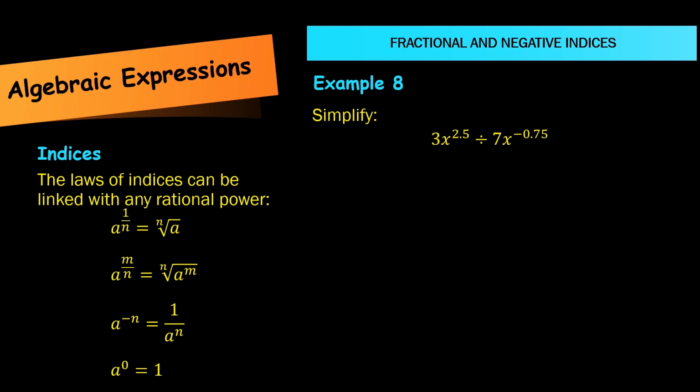So let's rearrange so that we can see the numbers as a fraction, 3/7 as shown, and then proceed to deal with the indices of the common base. So as we're dividing, we need to subtract the indices. So 2.5 minus 0.75. And that of course equals 2.5 plus 0.75, which is equal to x to the power 3.25.